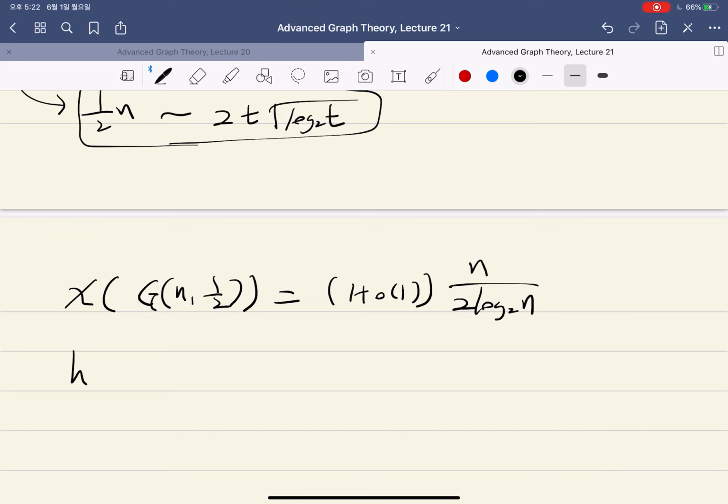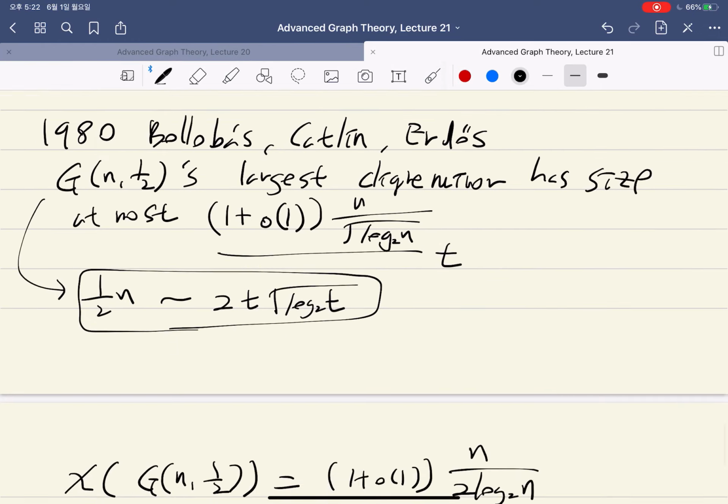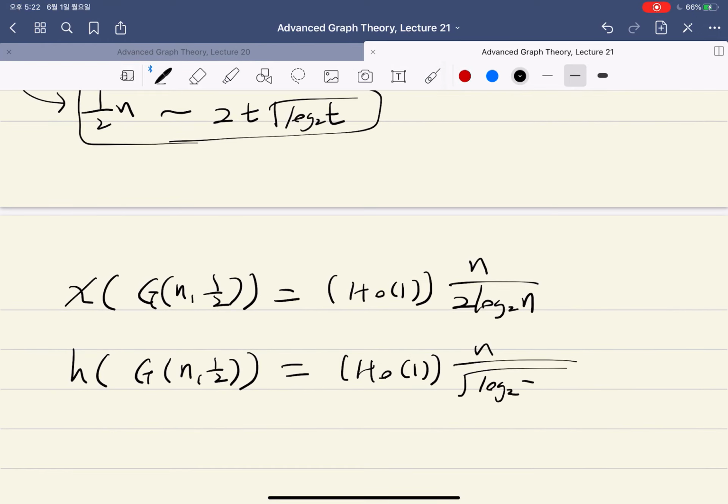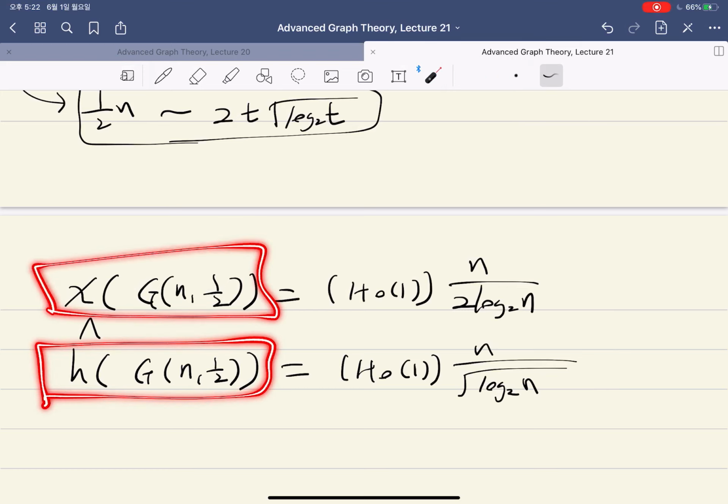And then we know its Hadwiger number is around (1 + o(1)) n over square root of log n. And between these two, we know that this Hadwiger number is bigger than the chromatic number.